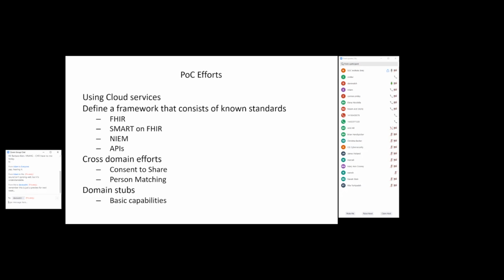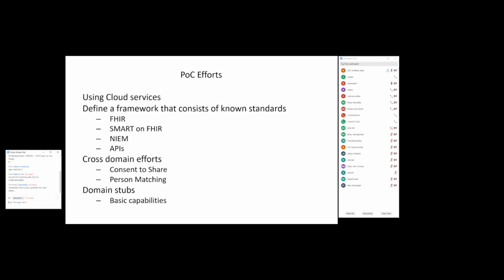So the FHIR initiative coming out of healthcare and its associated technologies like SMART, which allow you to perform the authentication and the authorization, securing the data, is all a part of it. But then for us to fold in, if you will, NIEM and the NIEM data models and eventually develop APIs.